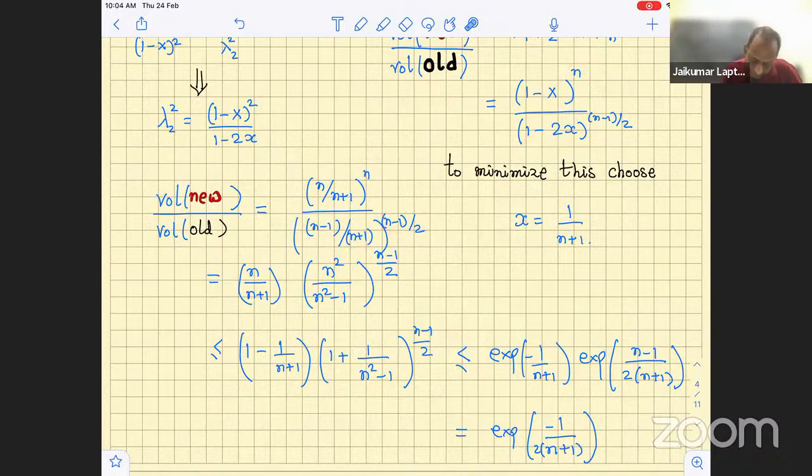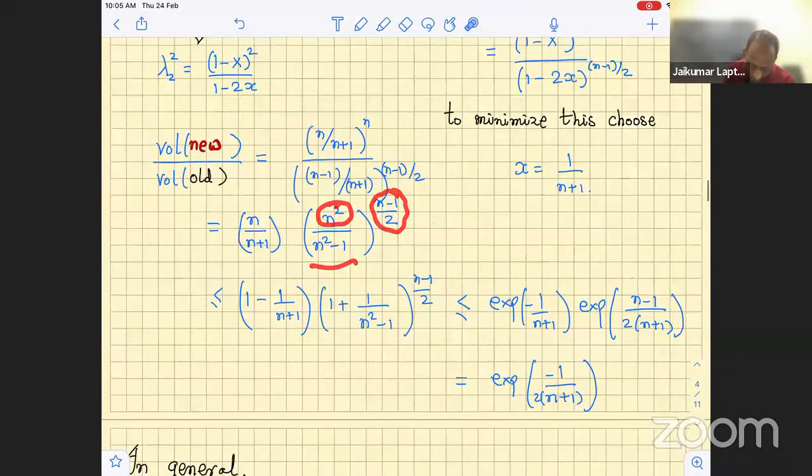And if you do some algebra, there is a factor n over n plus 1 you take out here. Since I've written n minus 1 by 2, I have moved this 2 inside. Okay, good. So in the end, you get this expression.